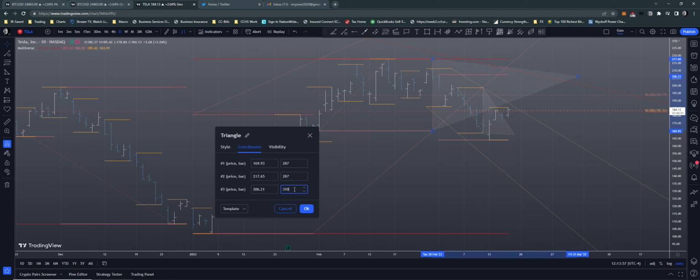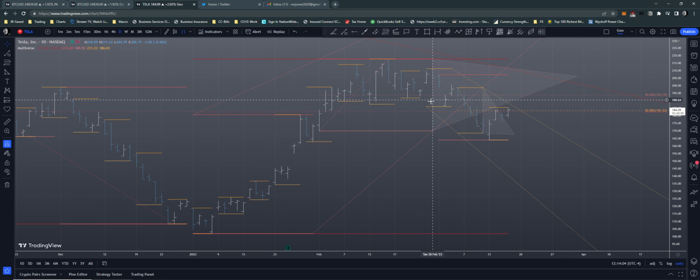At the time of this month closing, as soon as this candle opened here, we were able to draw this triangle. And as you can see, it was fairly even, didn't have a lot of bias, whereas this one is clearly a bearish style triangle with a flat bottom and downward sloping top line.